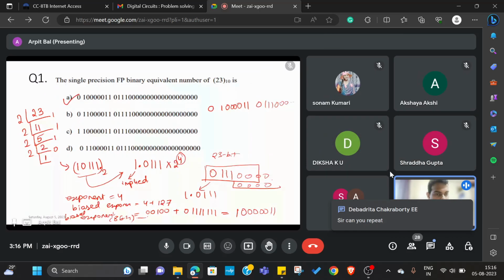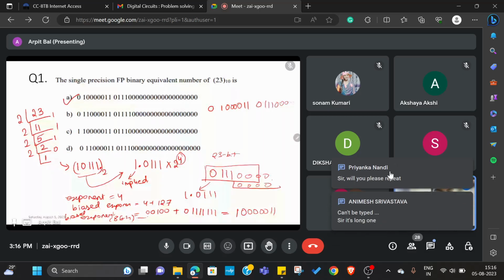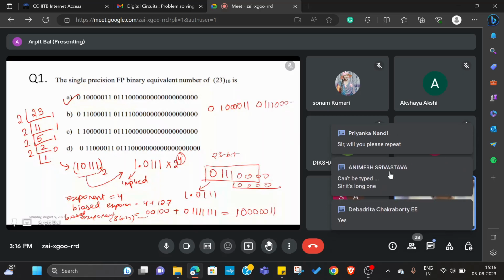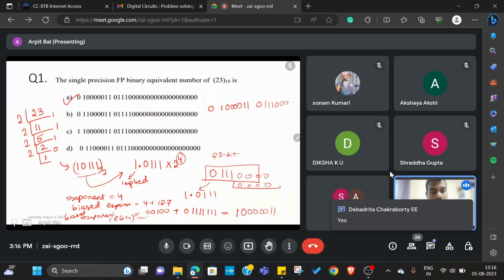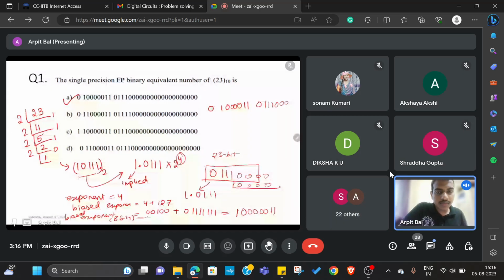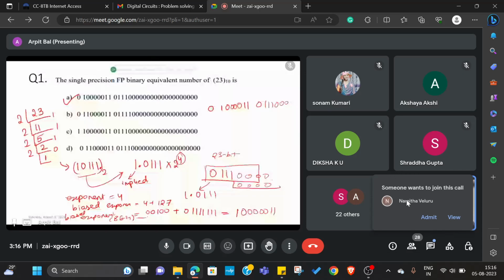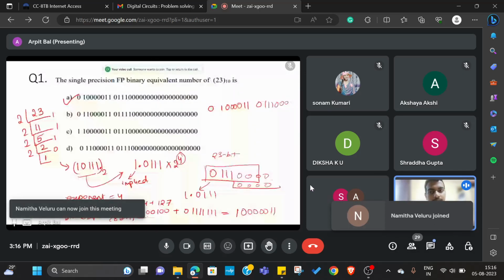Yeah, Devadrita, I can repeat this point. So you understood how we converted 23 into binary, right? 10111. So this is a particular representation of the decimal in binary, but we need to represent it in the IEEE single precision floating point format.